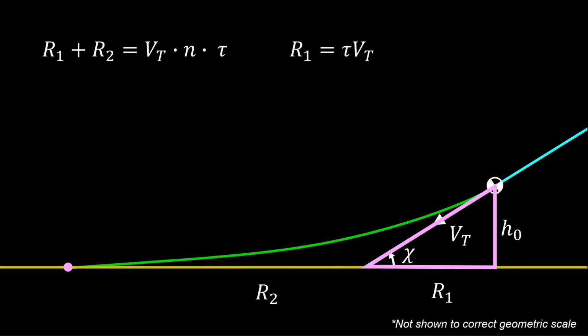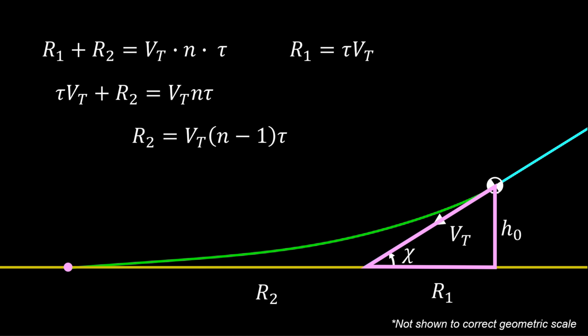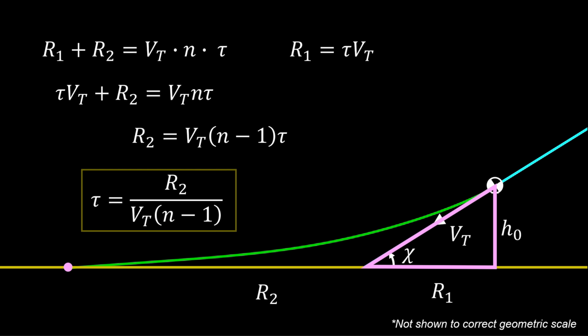Bring in the formula for r1 into our expression for total range to touchdown, and now solve for tau. Ultimately, getting an expression for tau in terms of r2, airspeed, and the desired number of time constants to touchdown.